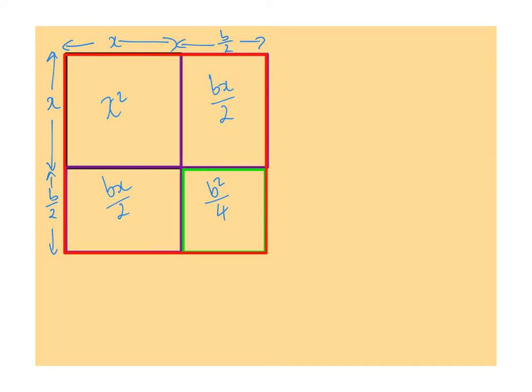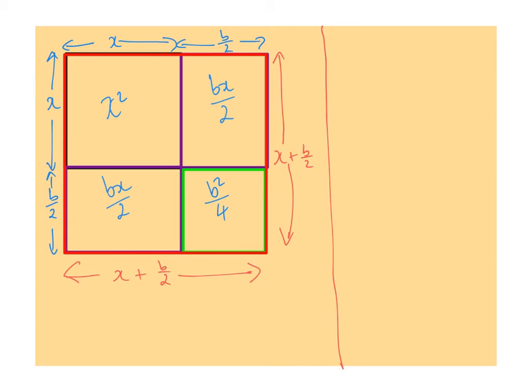and then over here, I'll do it in red to match up with the big red square. X add b over 2. And what we just said is that if we're only interested in the black and the purple squares areas together, there are two ways we can get that.